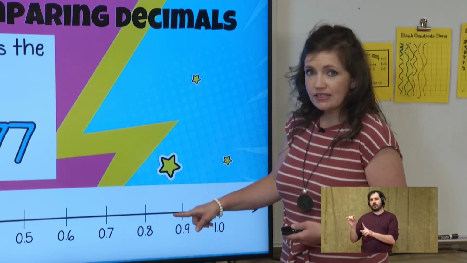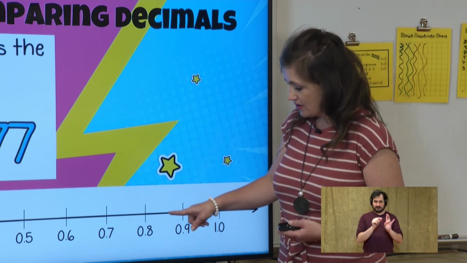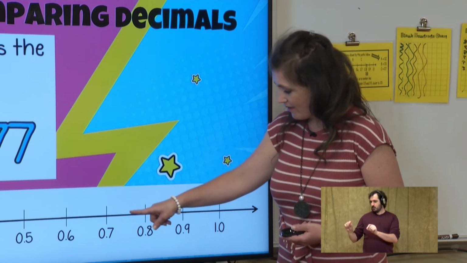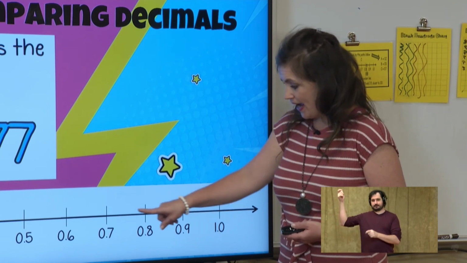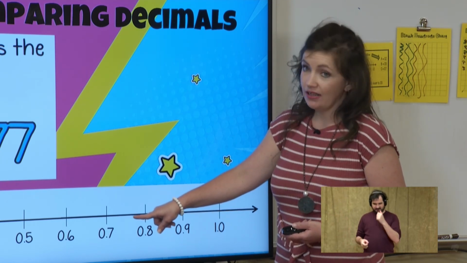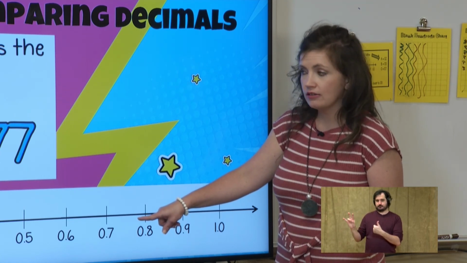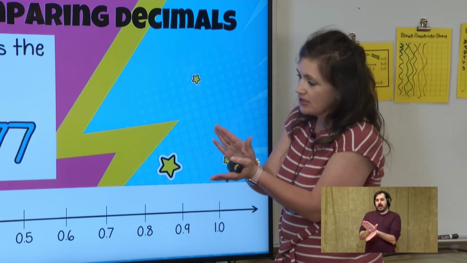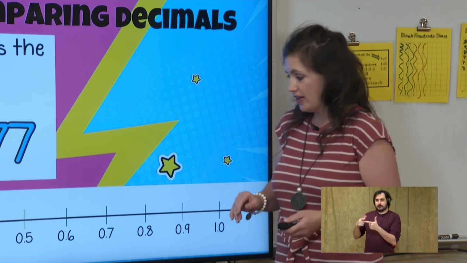Then to compare it to 77 hundredths, I need to find my 7 tenths on the number line. All right, here's my 7 tenths, about 7 jumps. So, was 87 hundredths past 77 hundredths? Yes. So we know what symbol fits there. The greater than symbol. That alligator's mouth is going to be wide open to that bigger decimal, 87 hundredths.